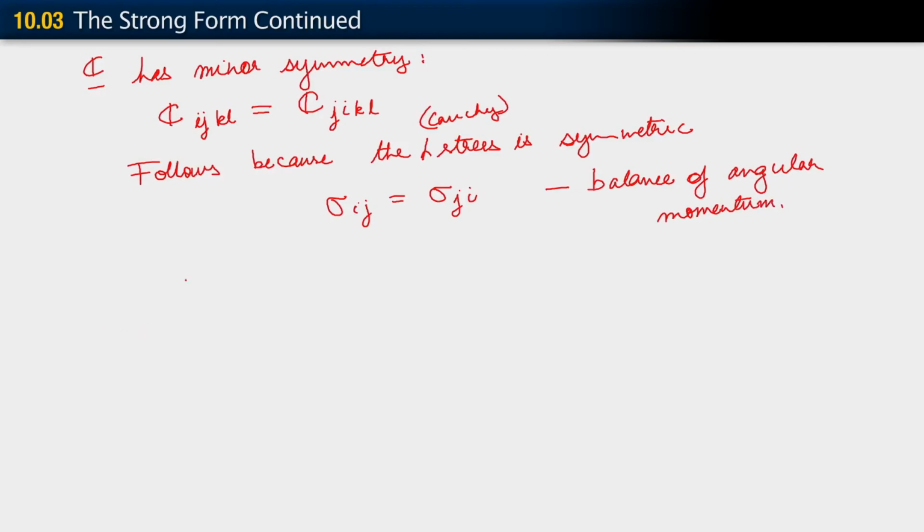Well, if that is the case, what we have is sigma ij, which from our constitutive relation is Cijkl epsilon kl, and note that the kl indices are being contracted out with the kl indices of epsilon, leaving free indices ij. But this is also sigma ji, which from definition is C jikl epsilon kl.